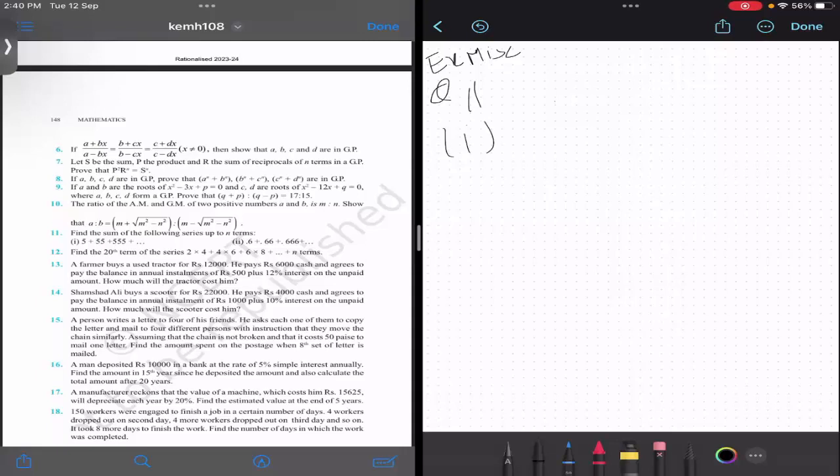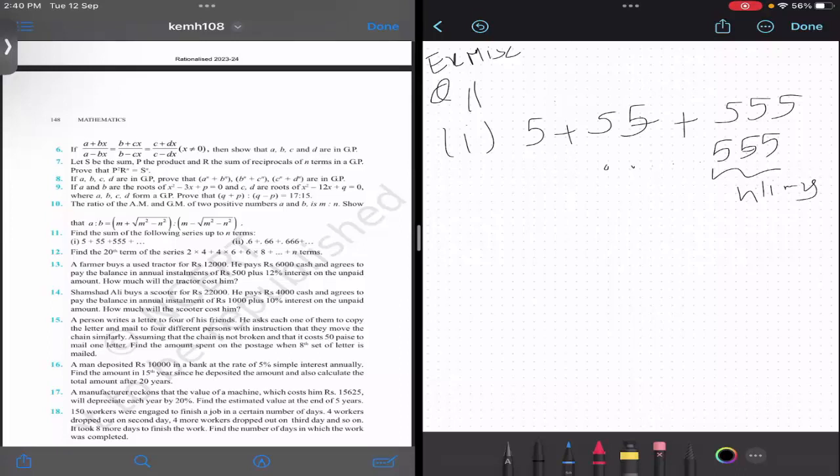So for the first part, we need to find 5 plus 55 plus 555 and so on and so forth. For the nth term, it would be 555 n times. Correct.